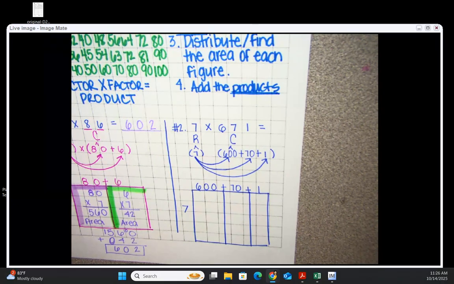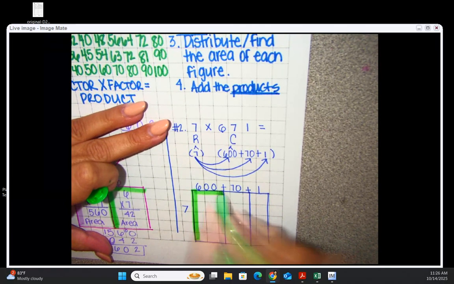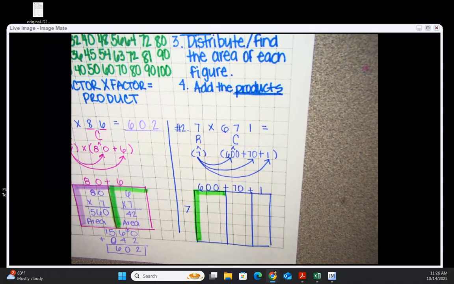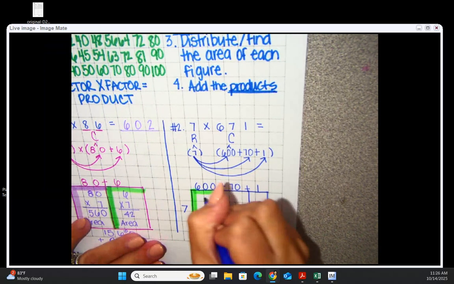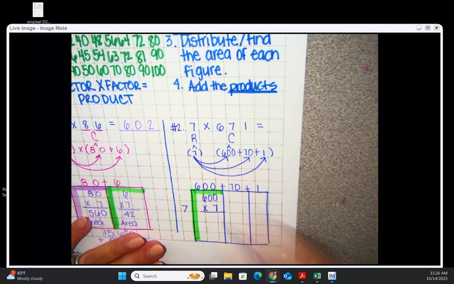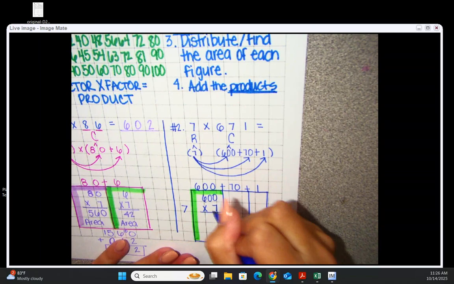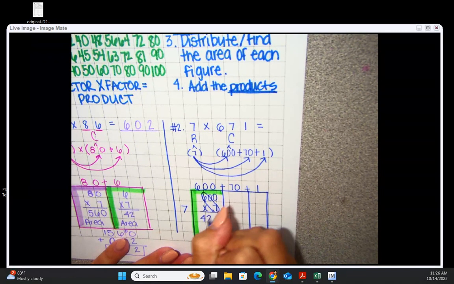So now I want to find the area of this model right here. So what am I going to multiply? 7. Very good, because I have 7 rows times 600 columns. Write this down. Not everybody's writing. 7 times 6, this is my life hack, is 42.